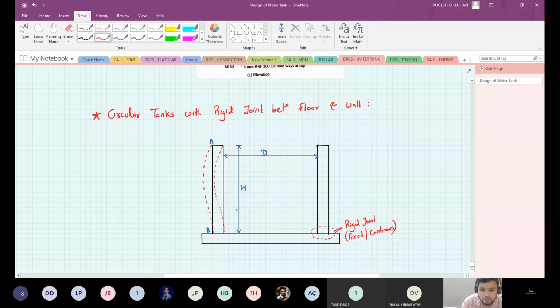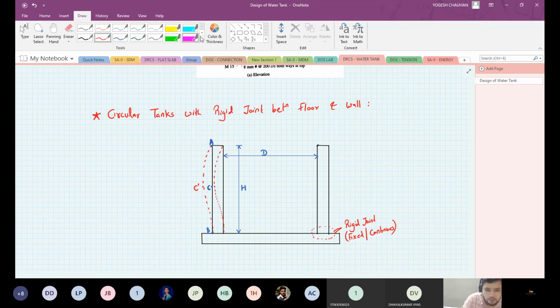So this will be the deflected shape, and let this point be C, this is A, and this point B. And the deflected one is C dash.